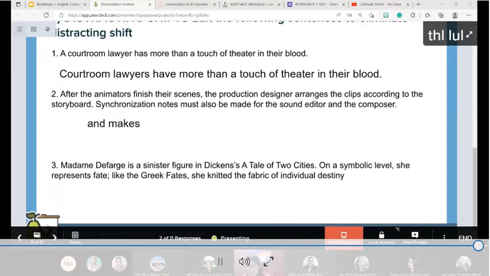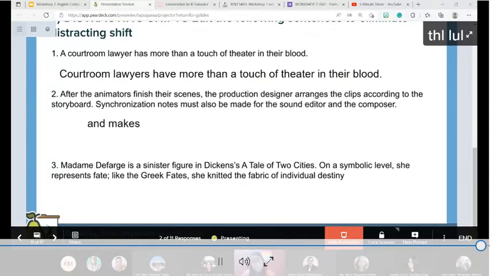What do you think is the distracting shift in here? We're talking in simple present. It's a sinister figure. On a symbolic level, she represents fate, like the Greek fates.